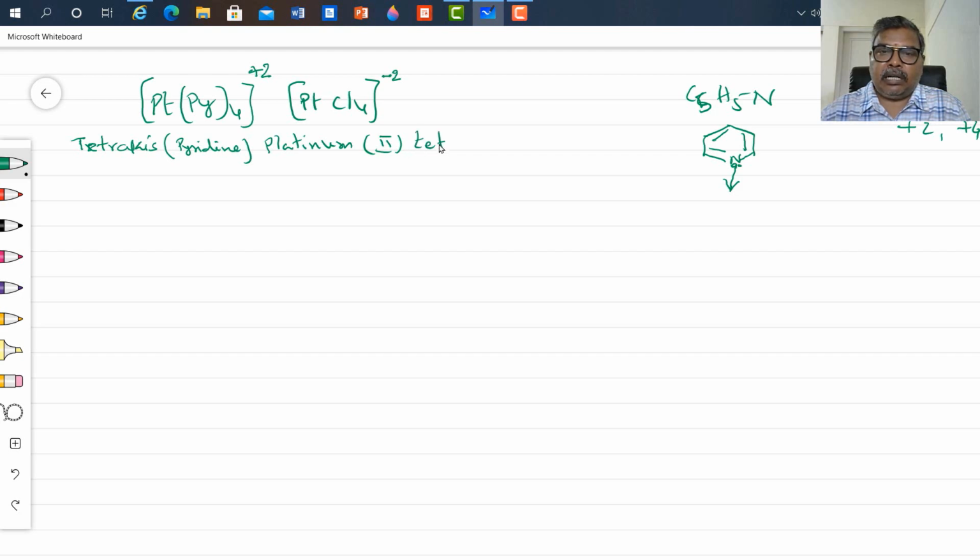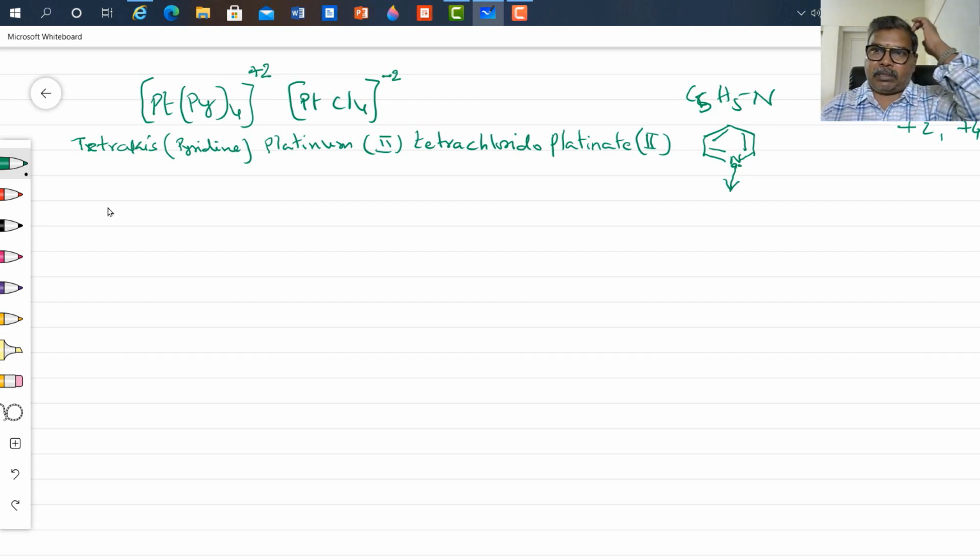Next, tetrachlorido platinate, because it is an anion complex. Platinate, Roman number 2, because in both complexes platinum is the transition metal ion having +2 oxidation state. Clear?